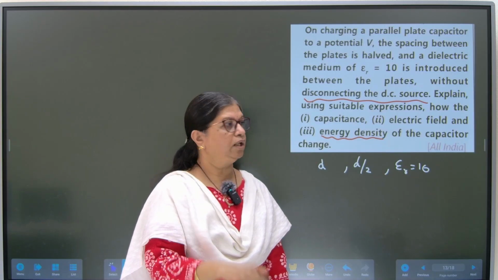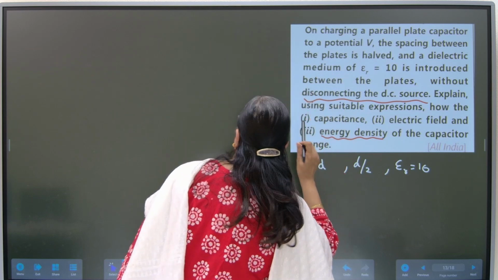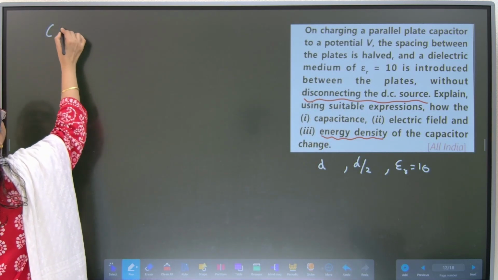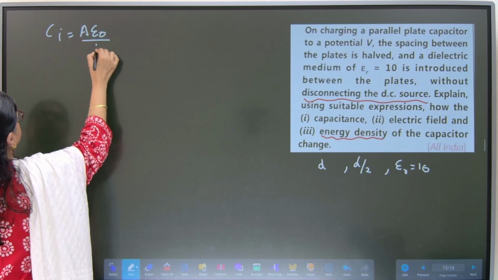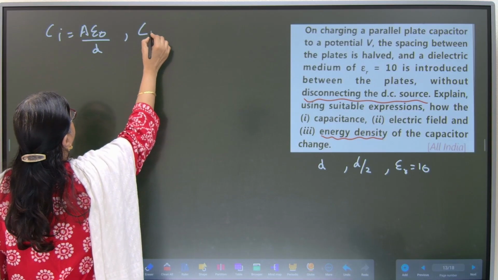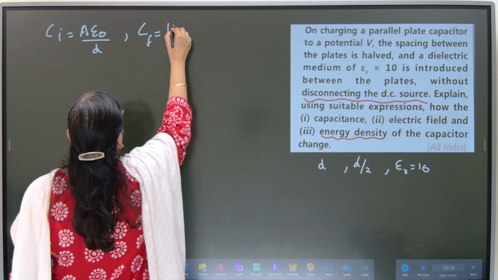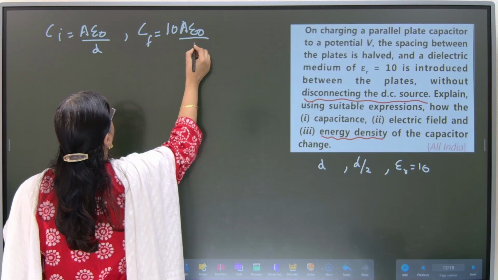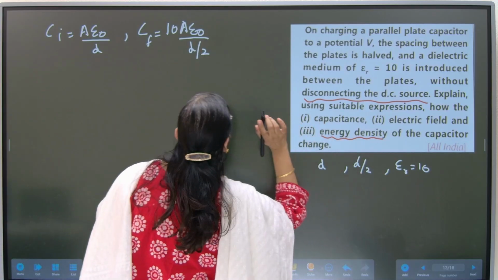This is the question. First, initially the capacitance of the capacitor was Ci equal to A epsilon naught by D. Now after introduction, K is equal to 10, so it is 10 A epsilon naught upon D by 2, because the distance is halved.